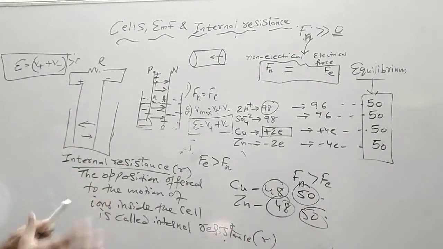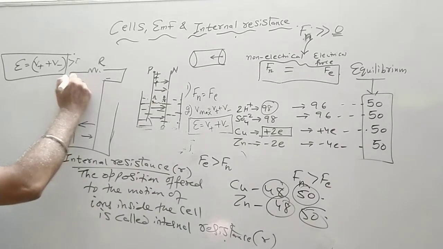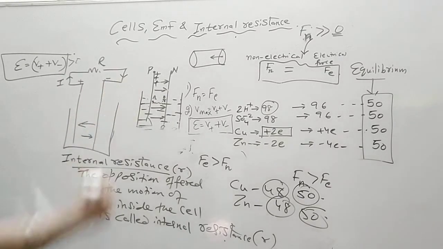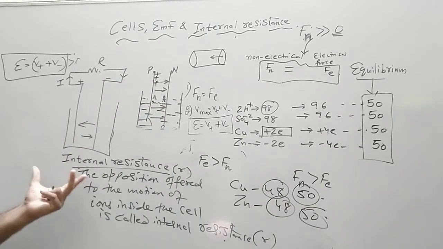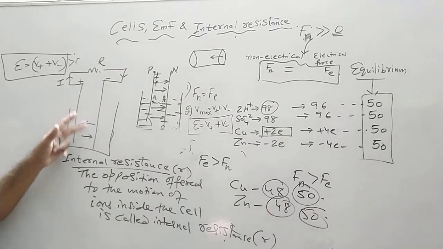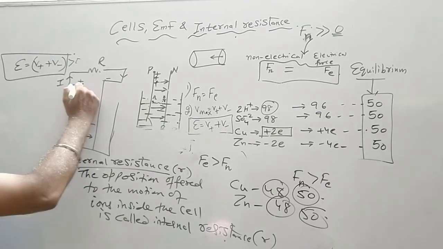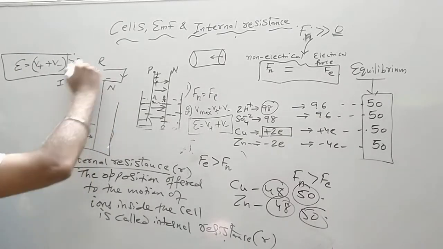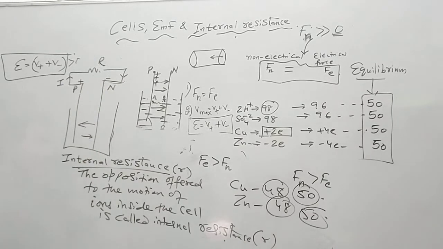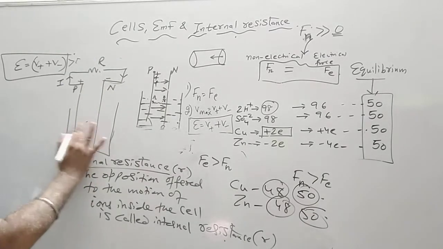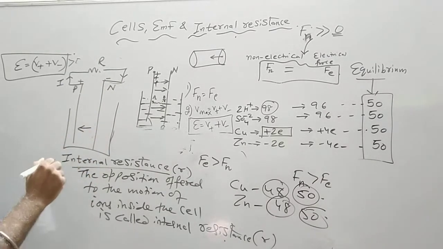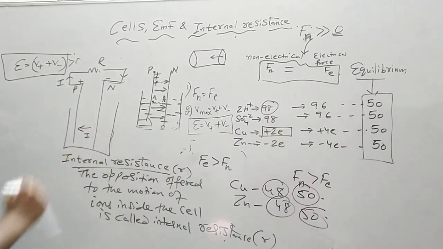So first, the current is flowing from positive to negative ions. So I can also say it is the opposition to the current inside the cell. Outside, the current moves from the positive terminal to the negative terminal. Inside, the current flows from the negative terminal to the positive terminal.